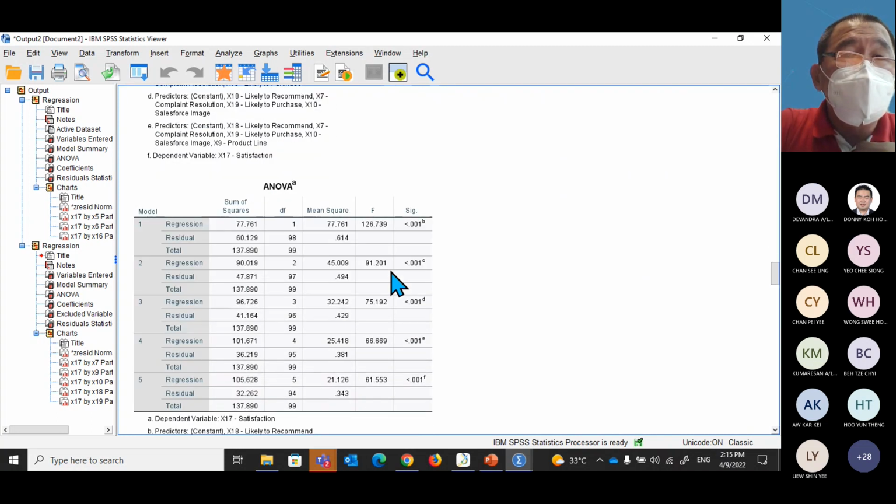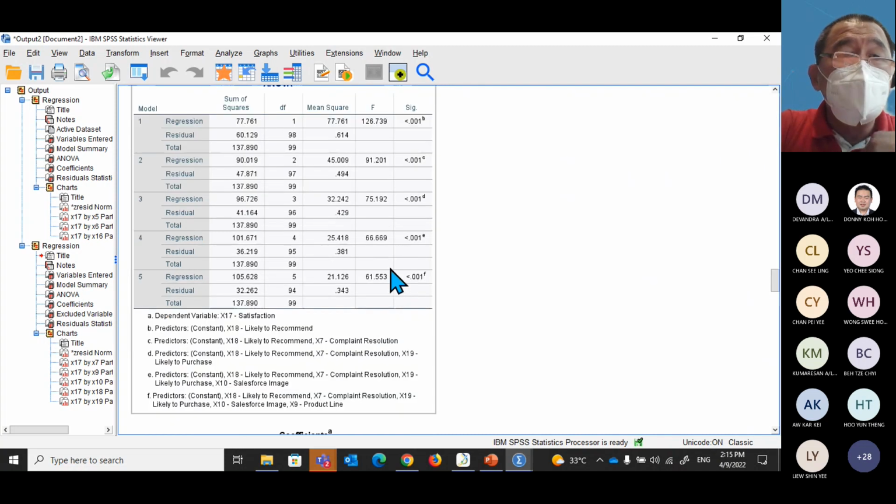So we see the ANOVA. Therefore, we see the p-values are all smaller than 0.05. The first model has only one variable, and the p-value is very, very small, less than 0.001.